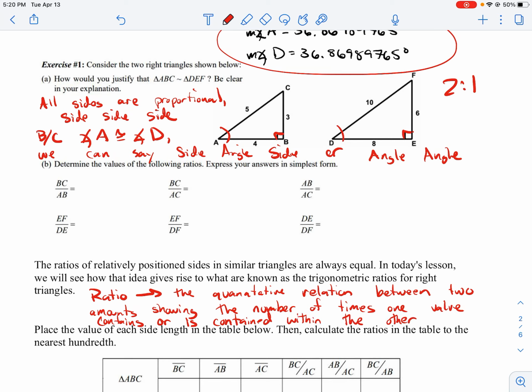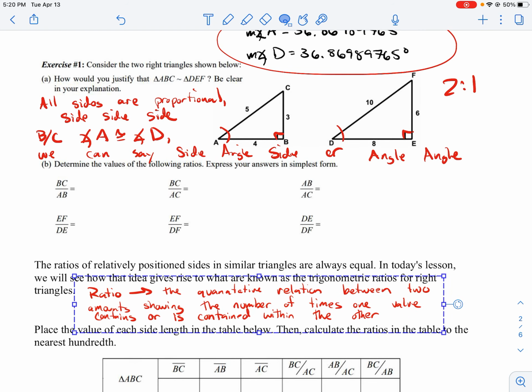Okay? It's important to know what it means to be a ratio. Basically, it just means how much of one value can fit inside the other or how much is contained within the other.